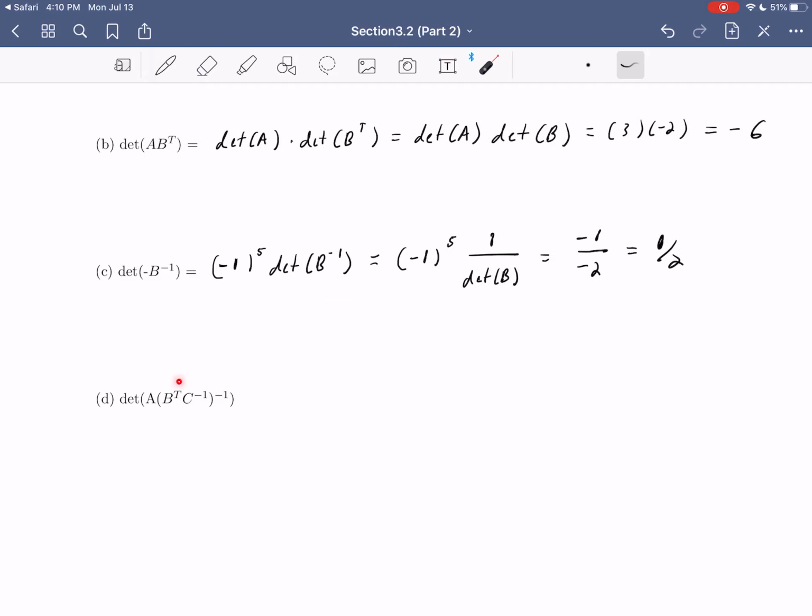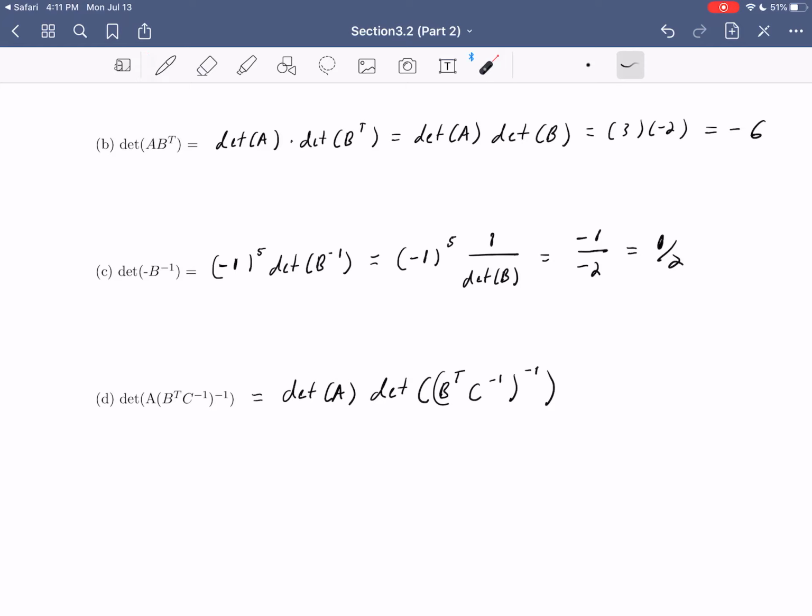All right, finally, this huge jumble: we want to take the determinant of A times the inverse of B transpose C inverse. Let's try to break this down piece by piece. We can first view this as A times this whole mess, and we know the determinant distributes there. So this is the determinant of A, and then the determinant of the inverse of B transpose C inverse.